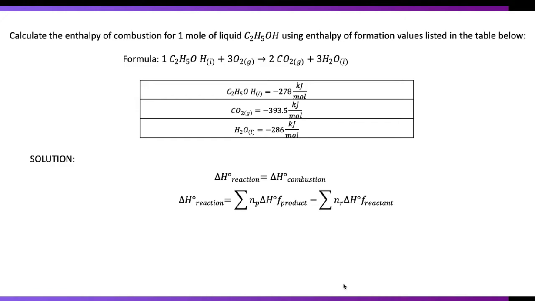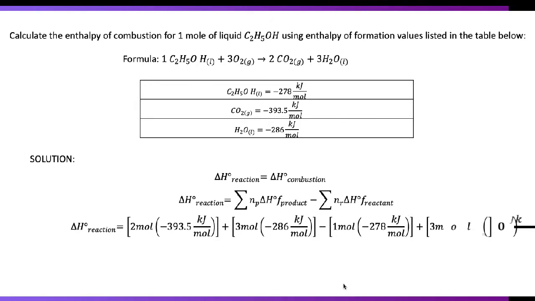Now, the formula that we will be using is the enthalpy change of reaction is equal to the sum of the number of moles multiplied by the enthalpy change of formation of the products minus the sum of the number of moles multiplied by the enthalpy change of formation of our reactants. Now, all we need to do is plug in all the values that are listed on the table to the equation using the formula given.